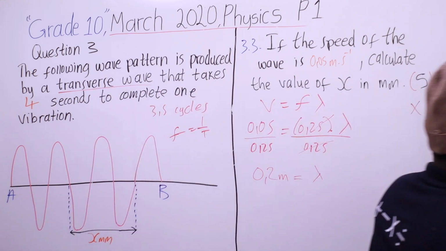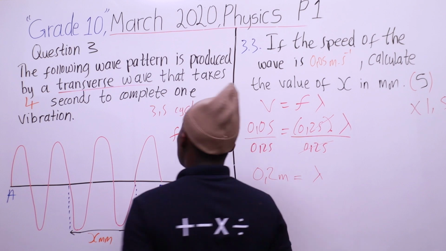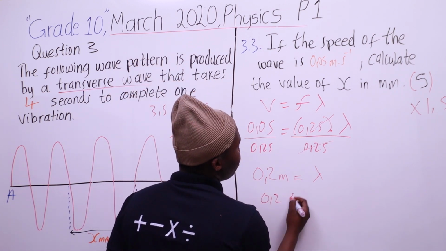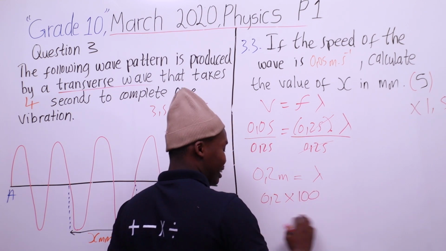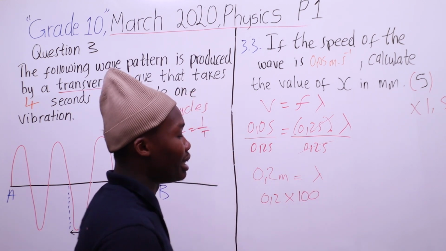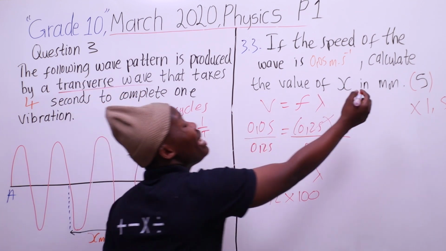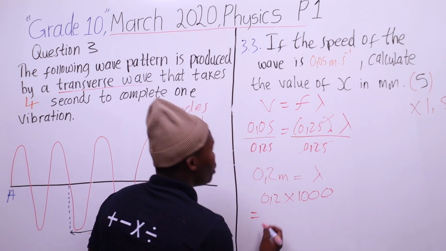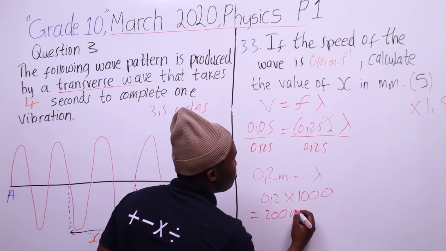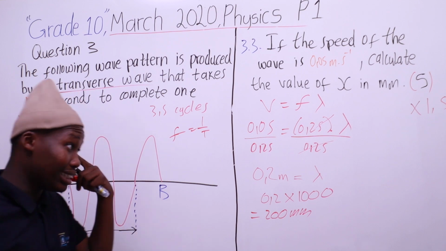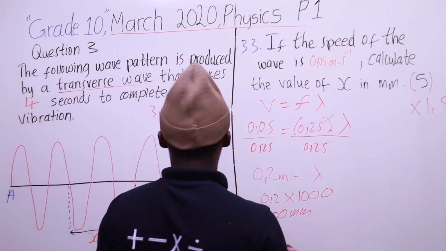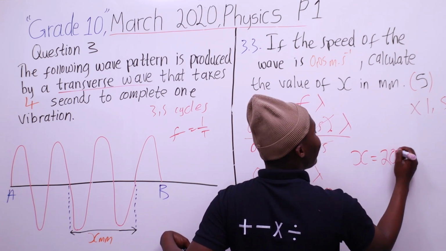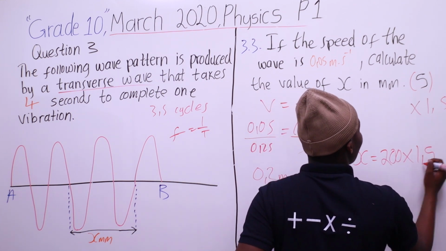meters, but they said in millimeters. So 0.2 meters multiplied by 1000 gives us 200 millimeters. So that is the answer that we must multiply by 1.5. So now X is equal to 200 multiplied by 1.5.